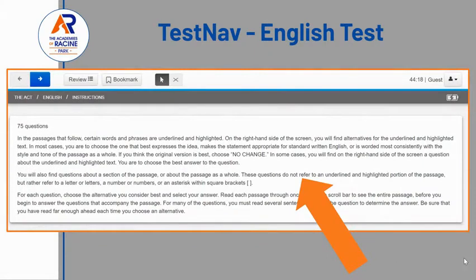All right, so TestNav. When you first log into TestNav for the English test, you're going to see these directions. Now, these directions are the same no matter which version of the test or the practice test you are taking. So it might be a good idea to log into TestNav and get familiar with these before the day of the test, because then you can save that minute or two that it would take you to read these directions.